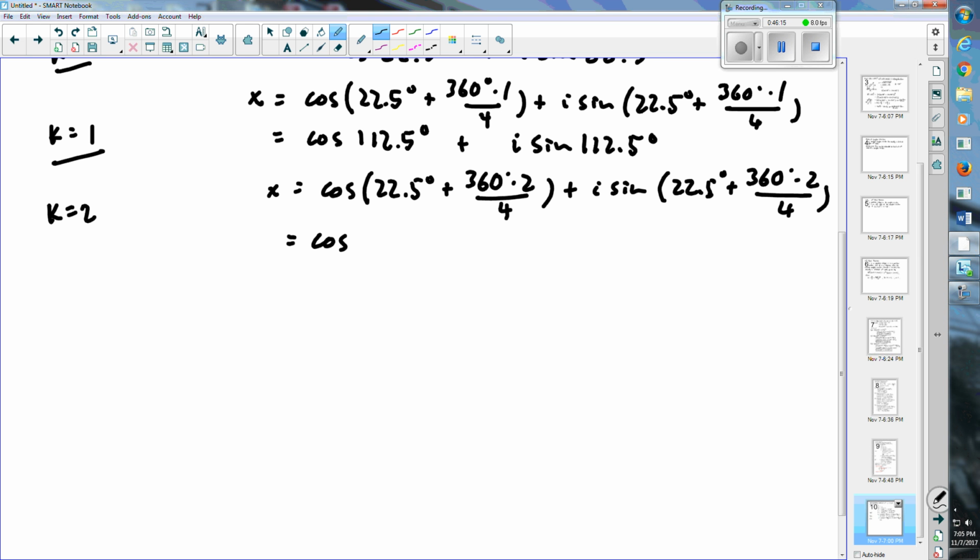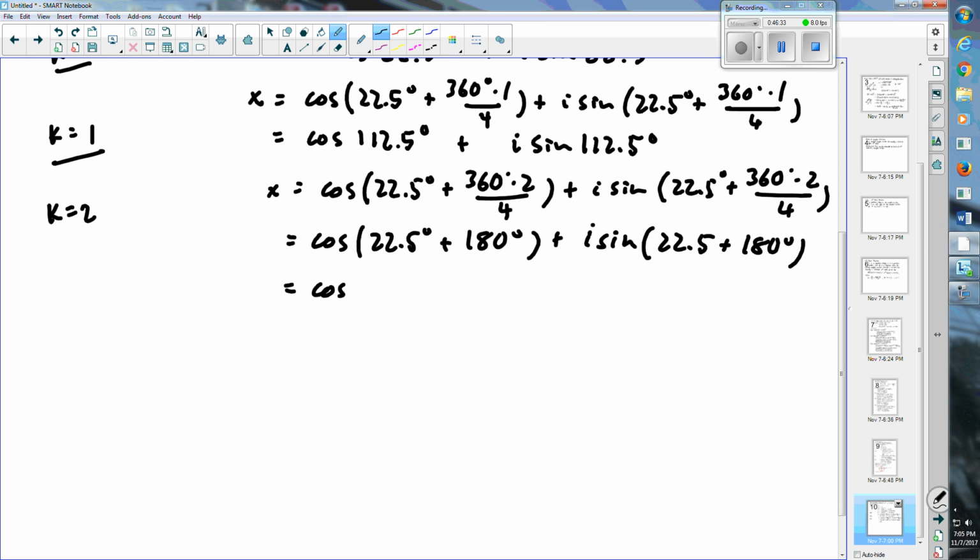That equals cosine 22.5 degrees plus 180 degrees plus I times the sine of 22.5 plus 180 degrees. So we get the cosine of 202.5 degrees plus I sine of the same 202.5 degrees. So that's when k is equal to 2.